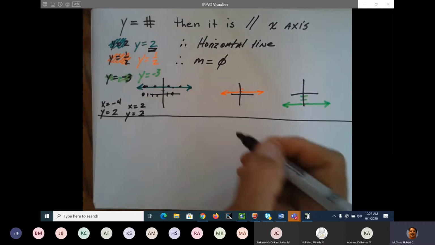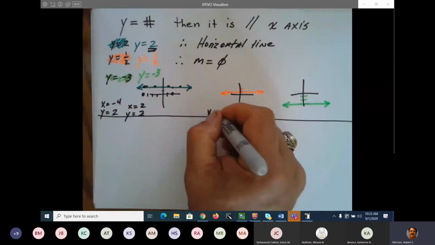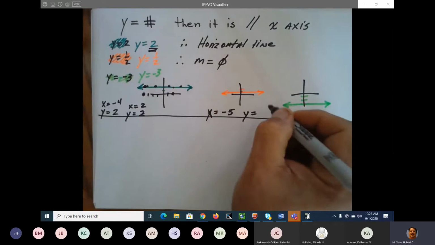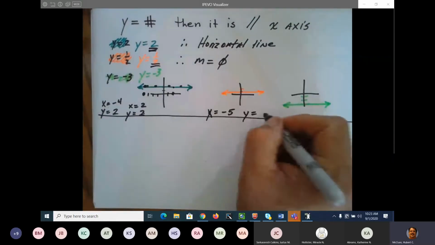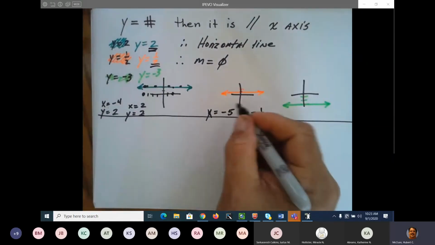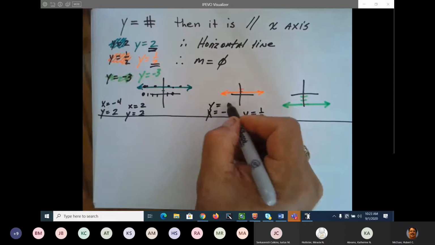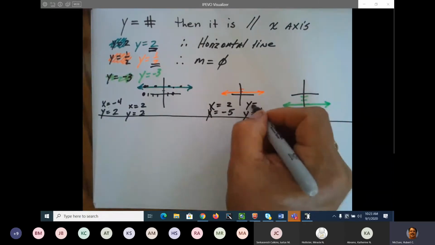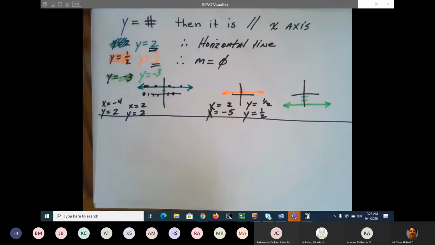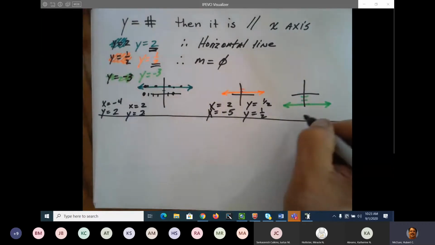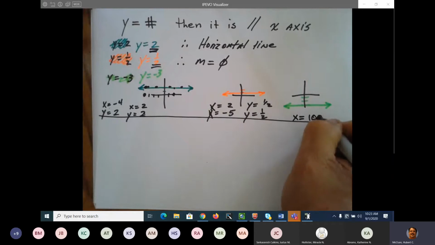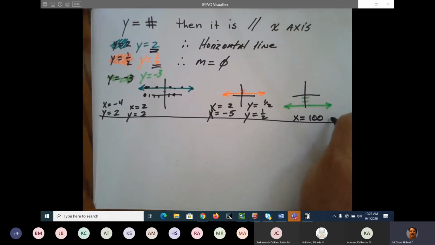Here, when x is equal to -5, what does y equal? 1/2. When x is equal to +2, y is equal to 1/2. Same thing with the -3. If x is equal to +100, what is y equal to?